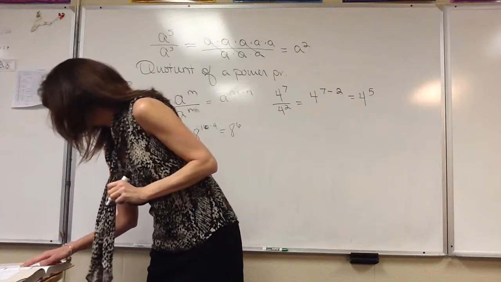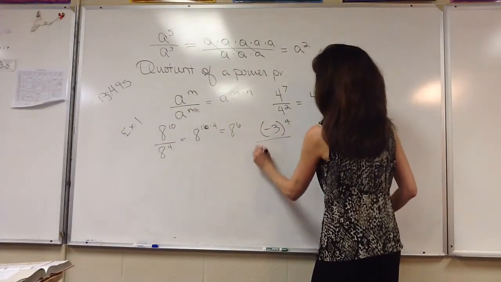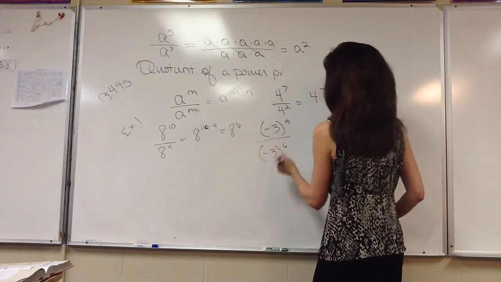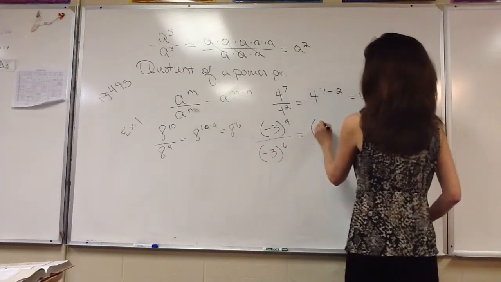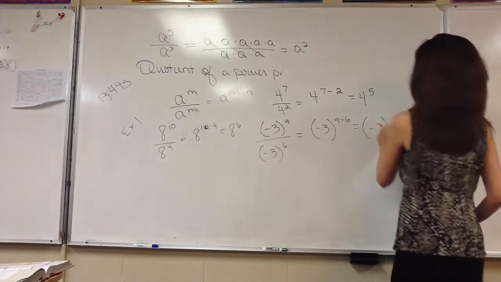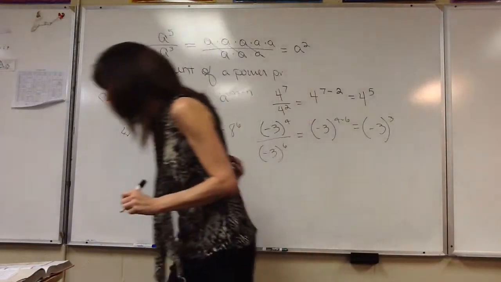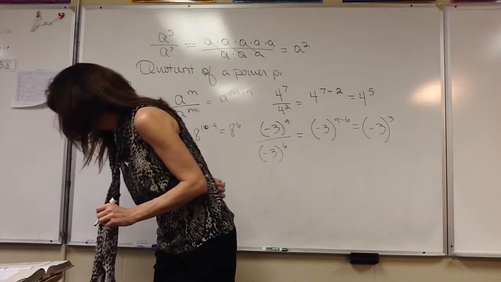How about if I have negative 3 to the 9th power over negative 3 to the 6th power? That would be negative 3 to the 9 minus 6, or just negative 3 to the 3rd power. You just simply subtract.